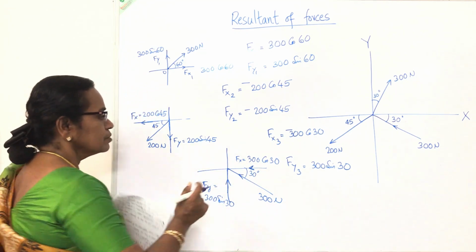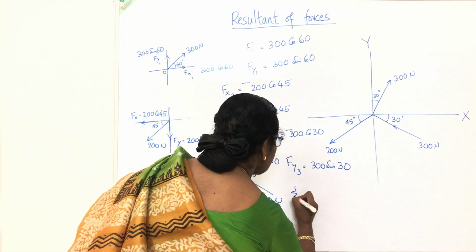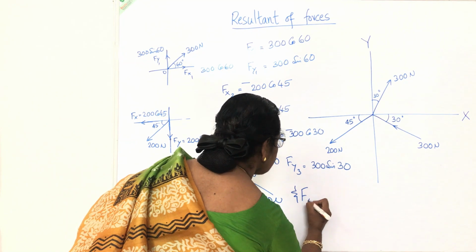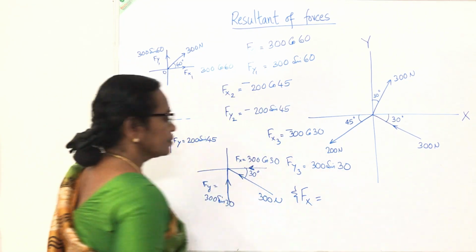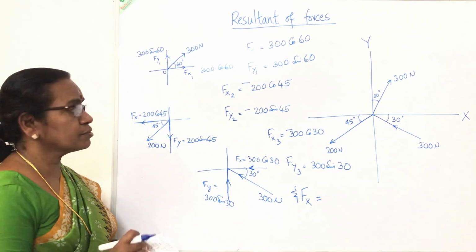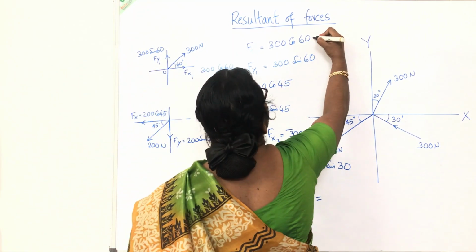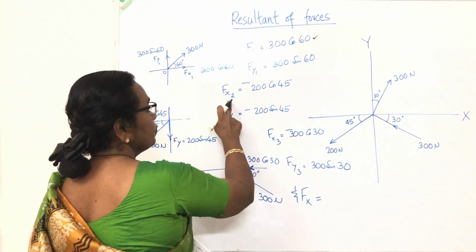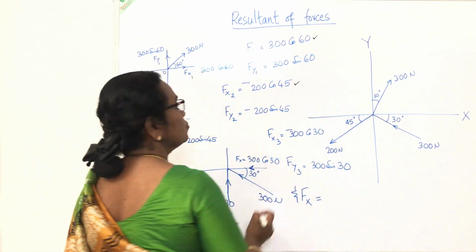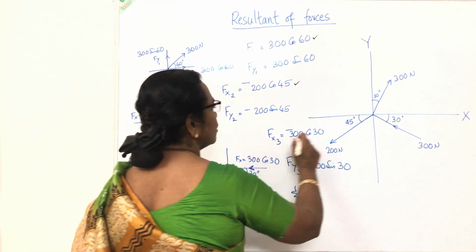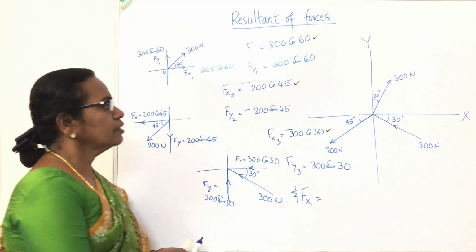Okay, now I am going to sum up sigma Fx. Take down the forces in x direction. First one, 300 cos 60. Second one, minus 200 cos 45. Third one, minus 300 cos 30.